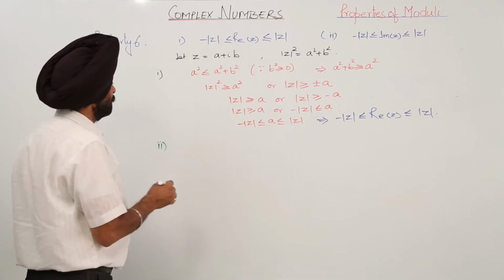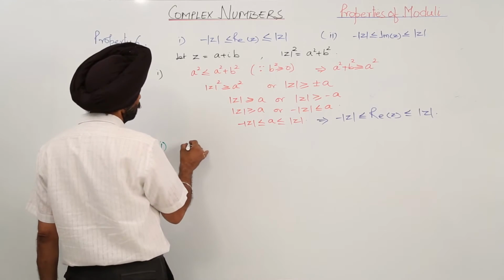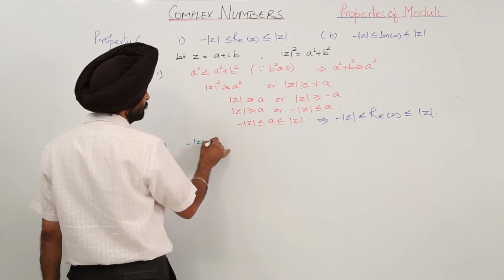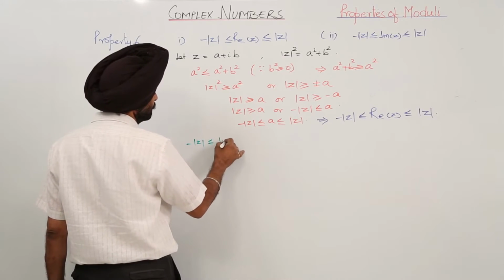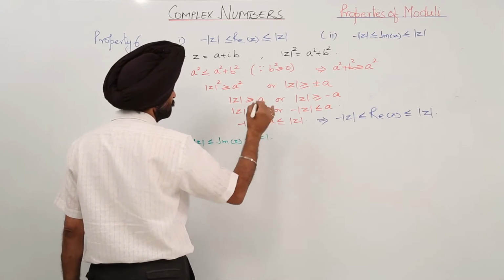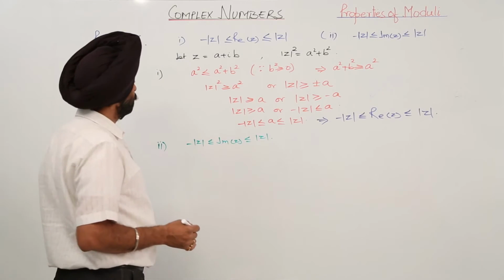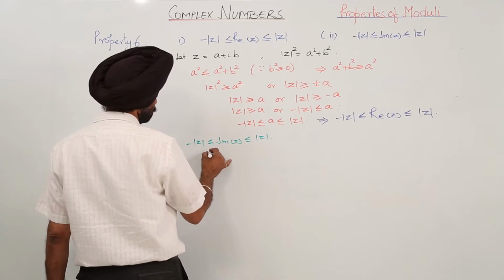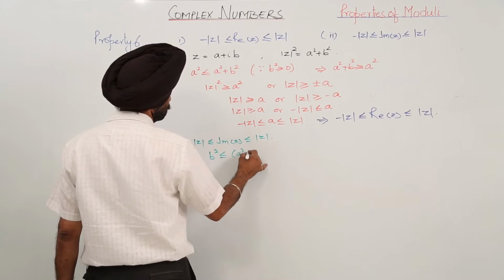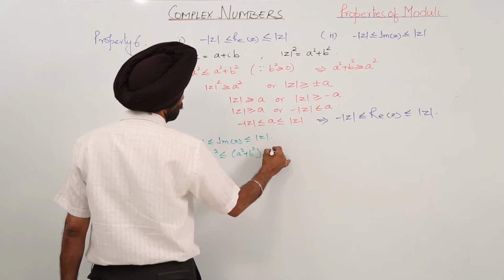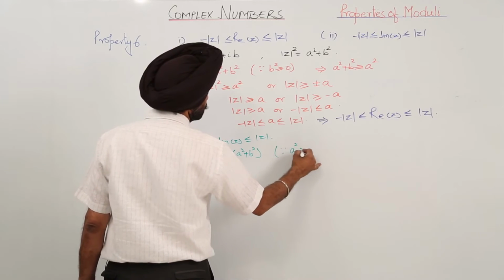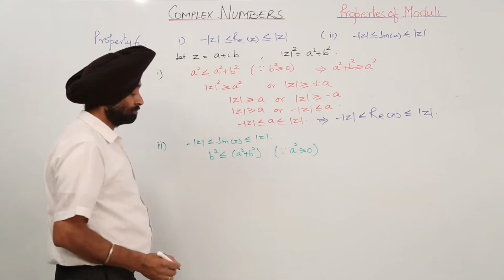Now the second part we have to prove: negative of the modulus of z is less than or equal to the imaginary part of the complex number, which is less than or equal to the positive modulus of the complex number. Now b square is less than or equal to a square plus b square, and here a square is greater than or equal to 0.